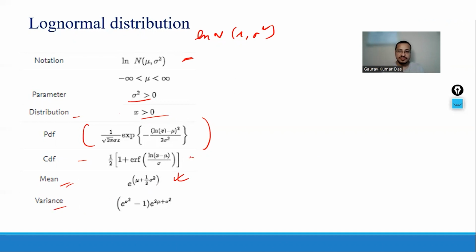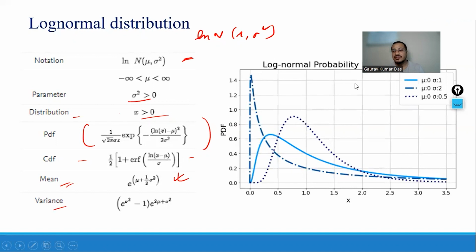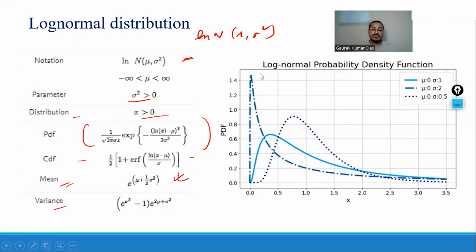Similarly, we have other kinds of distributions like Weibull and Gumbel, and all of their means and variances are functions of mu and sigma, the mean and standard deviation of the normal distribution. So here the mu and sigma which you see are the parameters of the normal distribution.